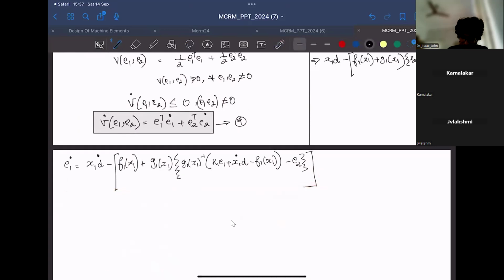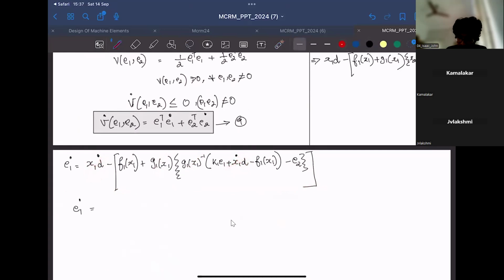So I'll further simplify this equation. Here you can see there is a positive x1 desired dot, and this g1 and g1 inverse will get cancelled. And there is also a positive x1 desired over here, but there is a minus outside here, so this term and this term will get cancelled.